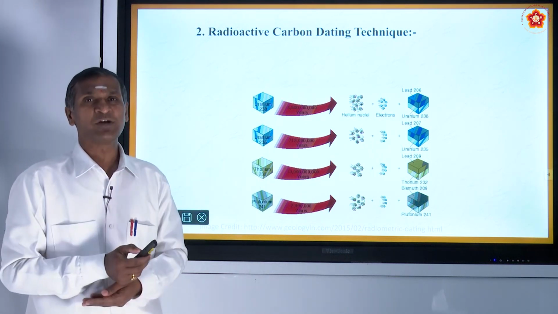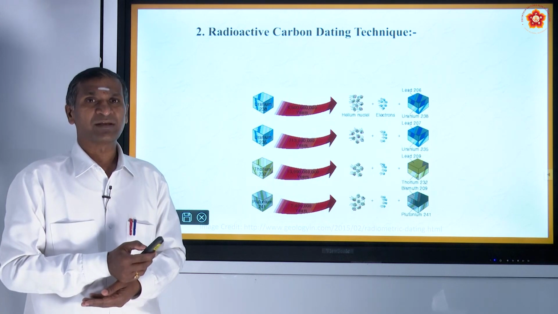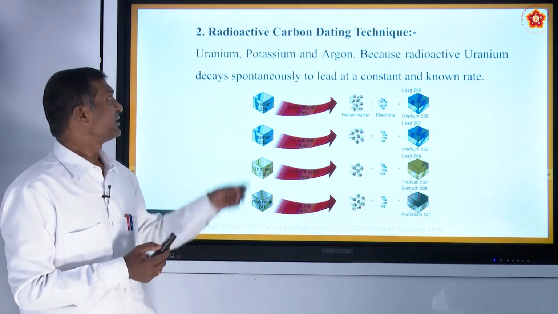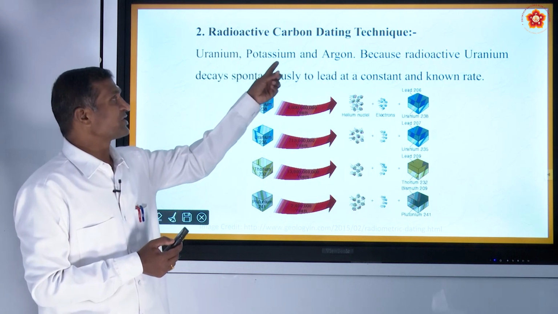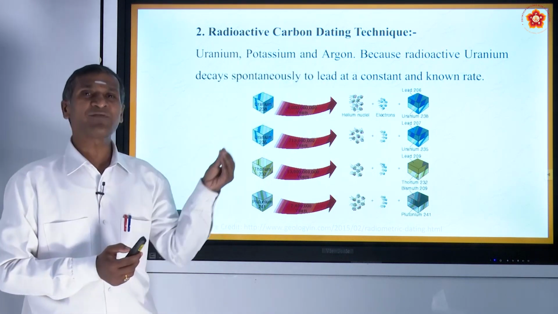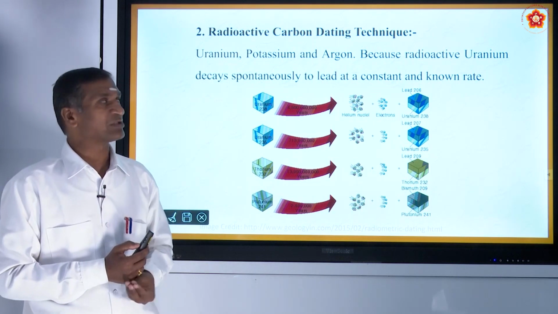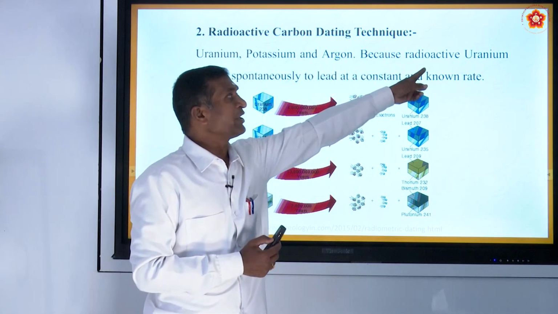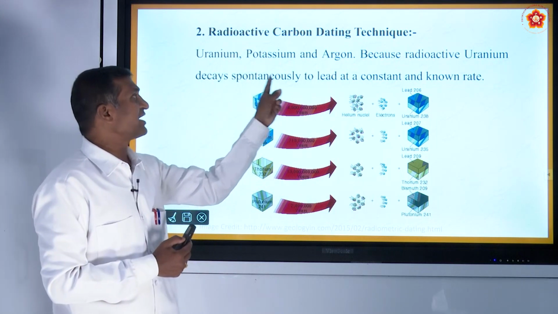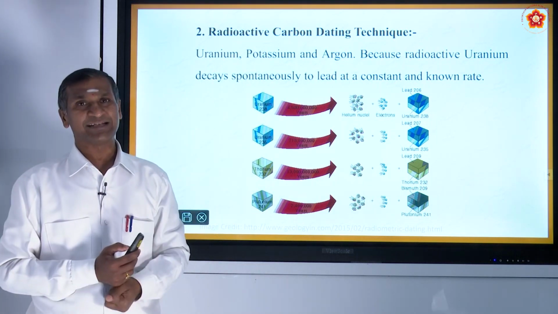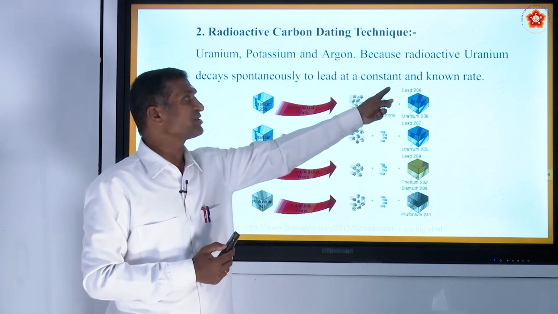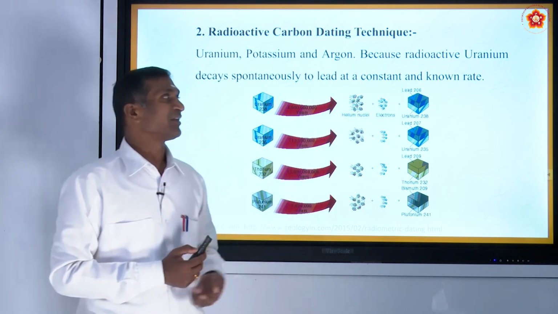Radioactive uranium, thorium, radioactive carbon, uranium, potassium and argon are some of the radioactive elements used, even in the radioactive carbon dating technique, because radioactive uranium decays spontaneously to lead at a constant and known rate.